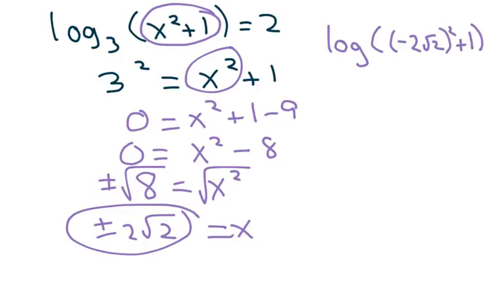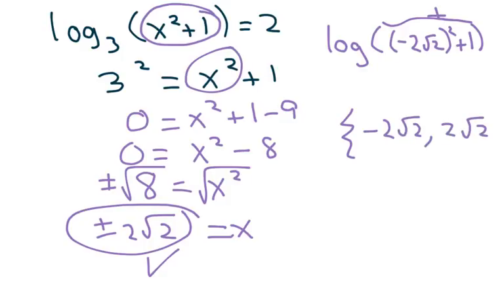You notice that this will be positive. So we can use both solutions, both the positive and the negative. So we have negative 2 root 2 as a solution, and 2 root 2. The positive will work as well, because when you square it, this is going to be a positive number. Okay? This was 107.